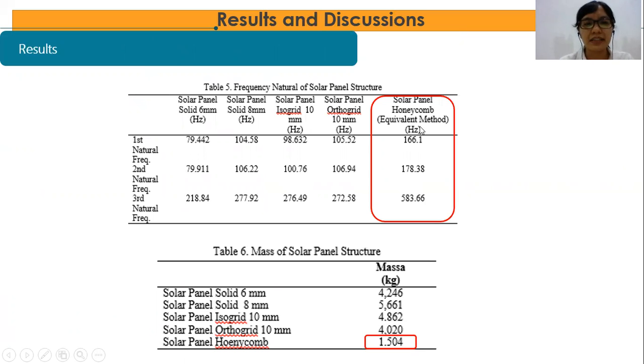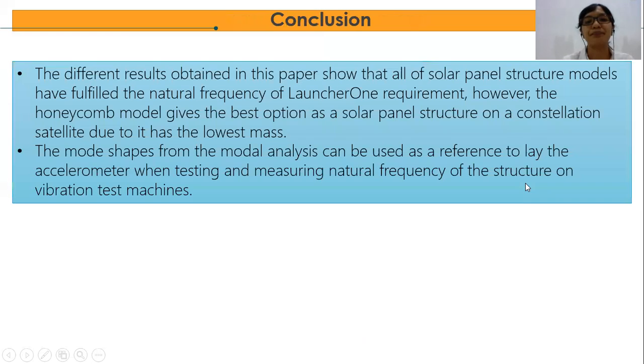We can see the solar panel honeycomb has the highest natural frequency compared to the other models. Yet this model is the lightest in weight. So for this structure, we choose the solar panel honeycomb.